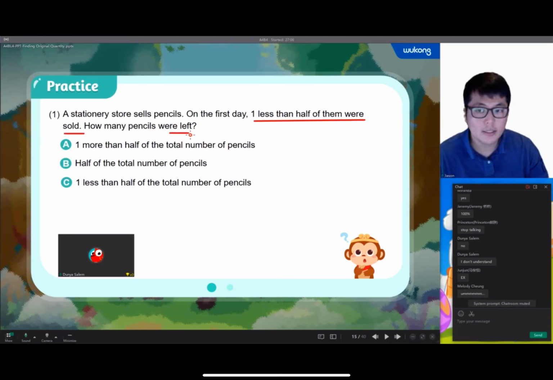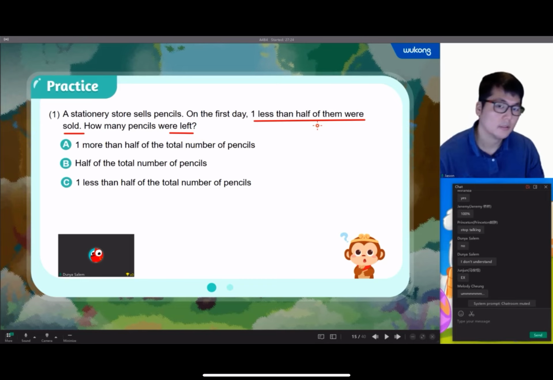So how much is left? What do you think? Tanya?